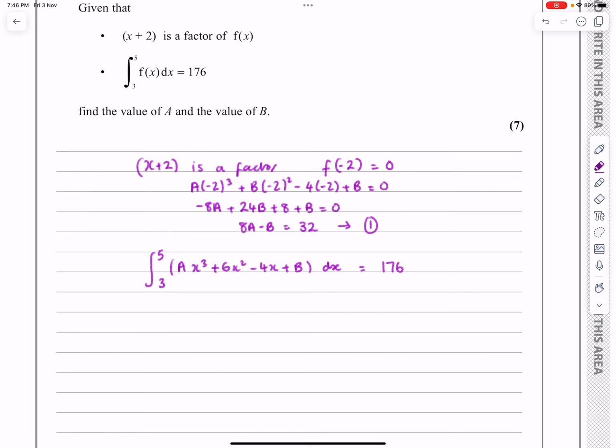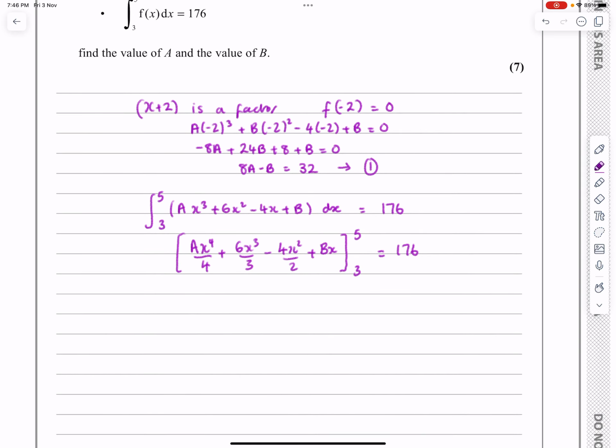So let's actually integrate it: add 1 onto the power, divide by the new power. So I'm going to get a x to the 4 over 4, 6x cubed over 3, 4x squared over 2, obviously just bx there. So that between 5 and 3 is going to give me a total of 176.